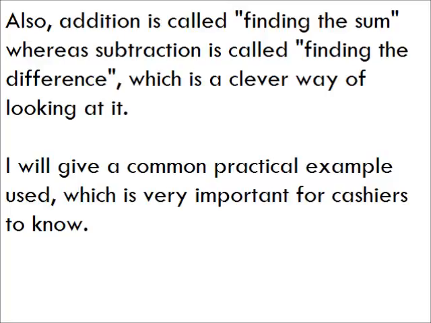I will give a common practical example, which is very important for cashiers to know. Sometimes a cashier might give you an extra dollar or pound because they did the maths wrong, in which case it's up to you if you want to point it out or if you want to take advantage of their mistake.